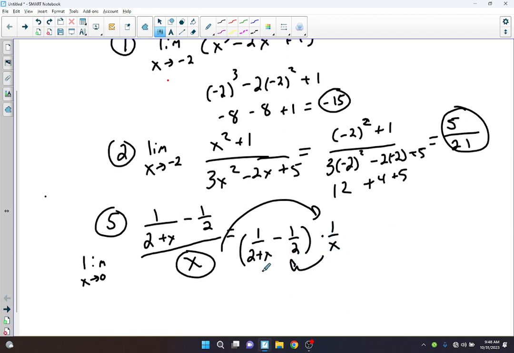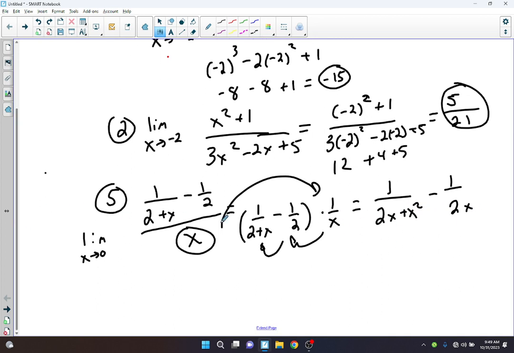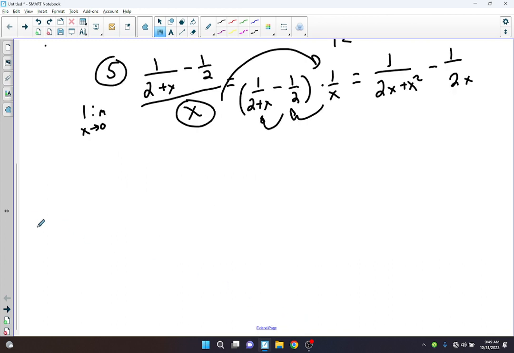Now I'll distribute this 1 over x to everything here. So I get 1 over 2x plus x squared minus 1 over 2x. Now, if I could plug in a 0 here, I would, but it would cause 1 over 0, which is not good. So let's see if we could fix the top.